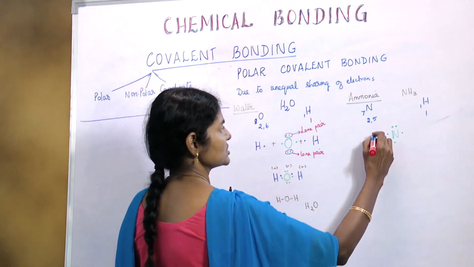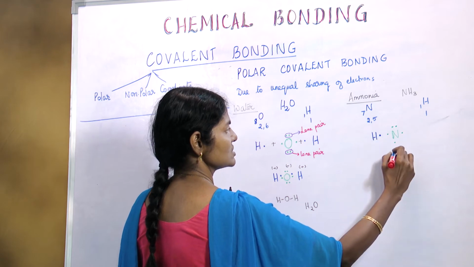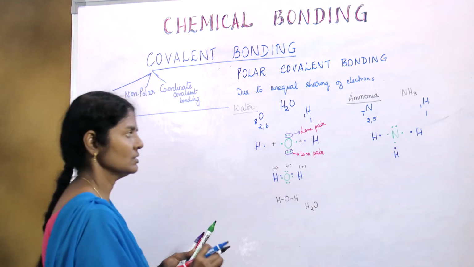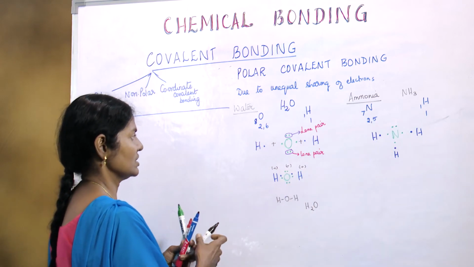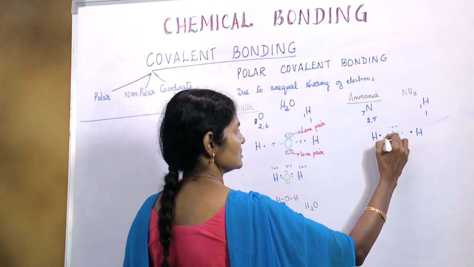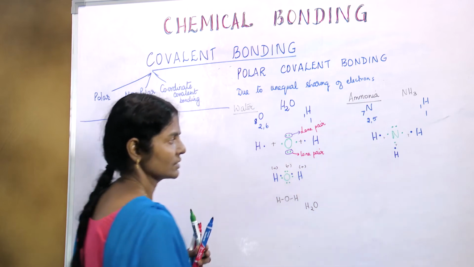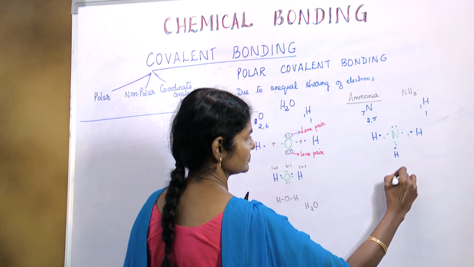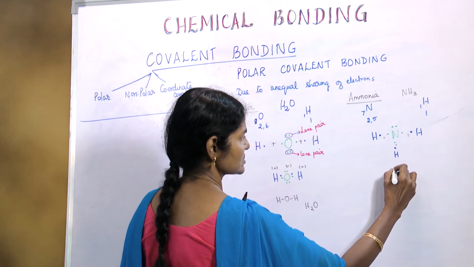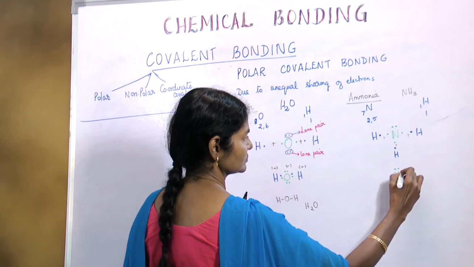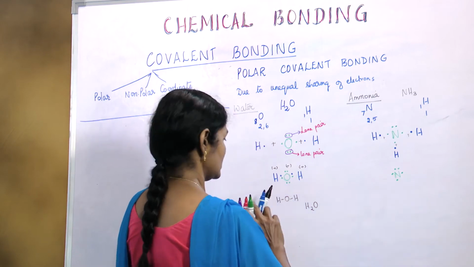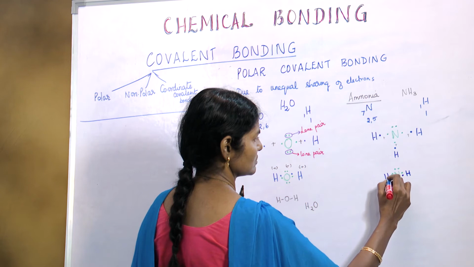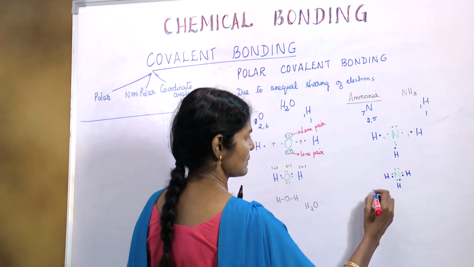The hydrogen atoms have one each. Now this is how they are combining. So this nitrogen, this also and this also are combining. As a result of this, you would get nitrogen and the hydrogen atoms like this.